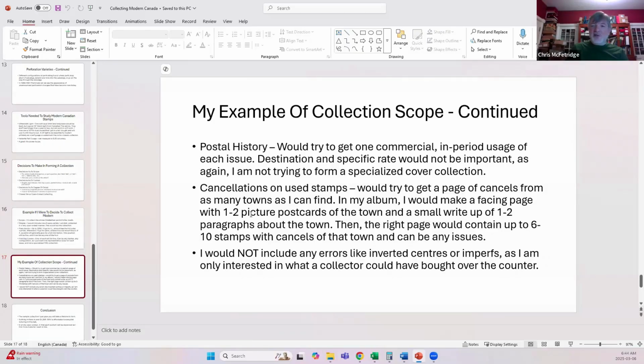So I'm not trying to get each town on every issue of Canada from that period. Just a handful of stamps to illustrate will do. I wouldn't include any errors like inverted centers or imperfs, as I'm only interested in what a collector could have bought over the counter. So my rule here is it has to exist used.